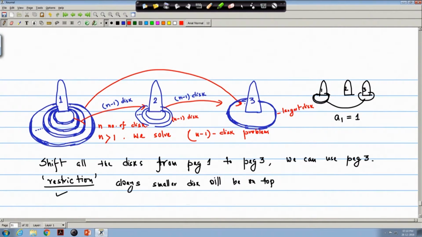So, we solve n minus 1 disk twice, here 1 and here 1. So, twice and explicitly move one disk, that is the largest disk, so this will give me the solution.